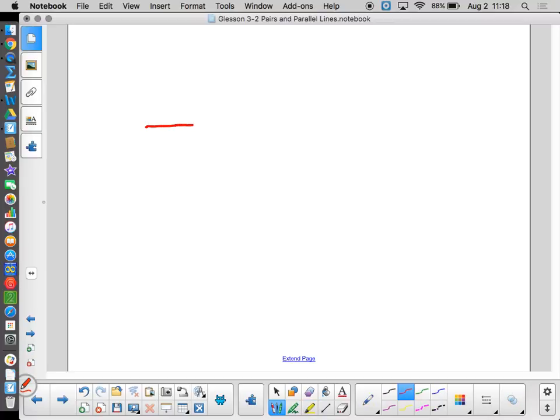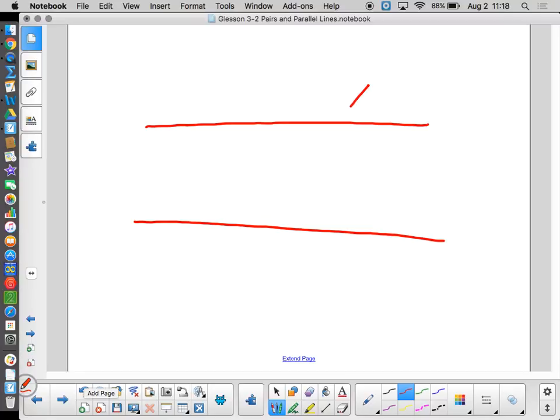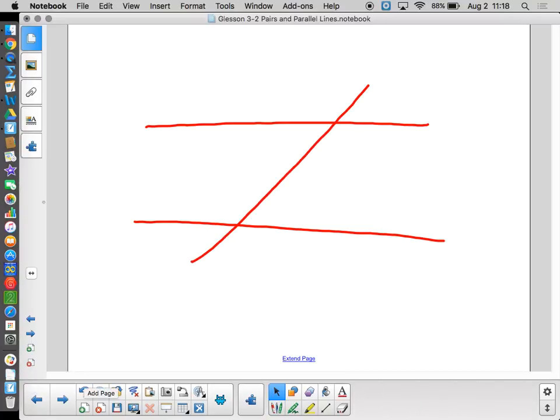In most cases, as long as my transversal is not nearly perpendicular, if my transversal is at a decent angle, I can just look at this picture, and let's get our little triangles on there to indicate parallel lines, okay?